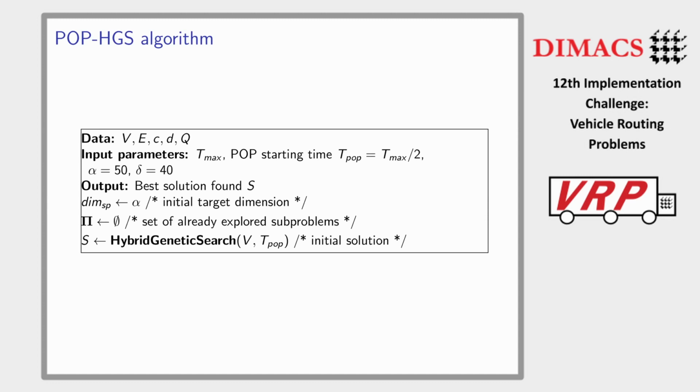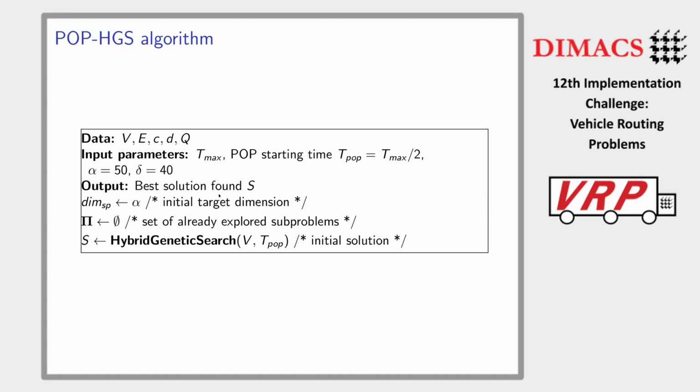For the competition, we use half of the time. We have alpha and delta to control the target dimension. Target dimension is an upper bound on the number of customers for subproblems. The method explores smaller subproblems before the larger subproblems. So the output is the best solution found S.